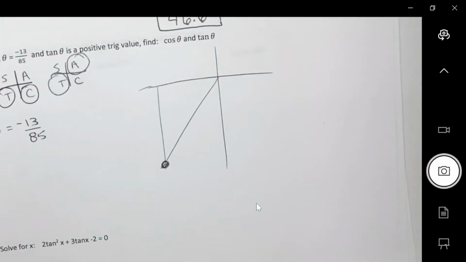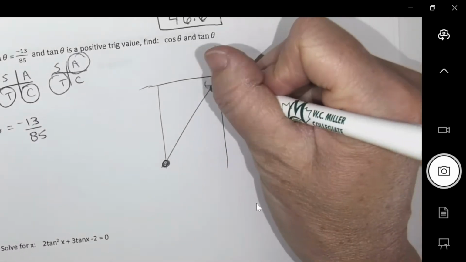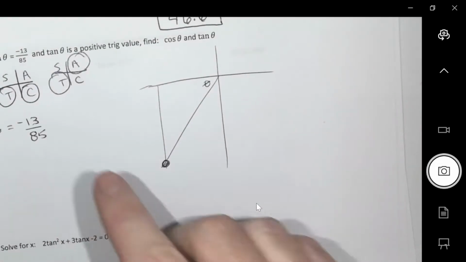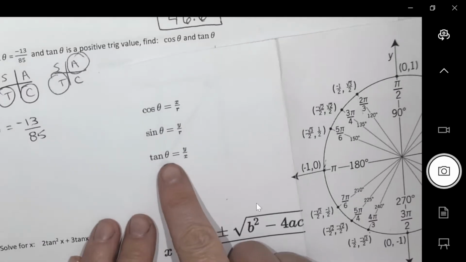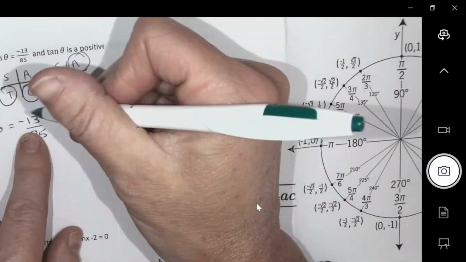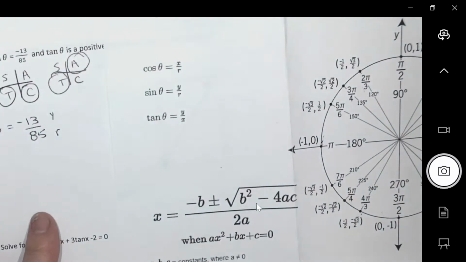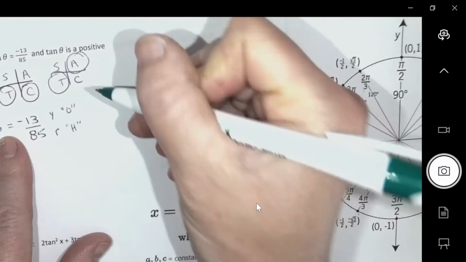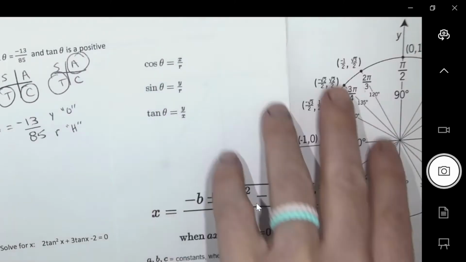Okay, so sine of the angle is negative 13 over 85. So you can think SOHCAHTOA, the opposite and the hypotenuse, or you have these three formulas on your formula sheet. So sine is the y and the r, or you can think the opposite over hypotenuse if you're thinking the SOHCAHTOA stuff from grade 10.